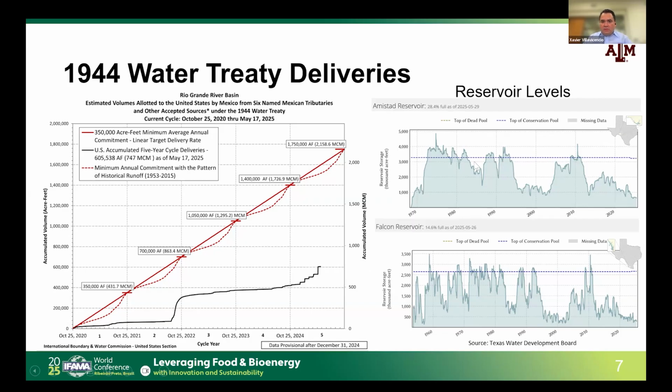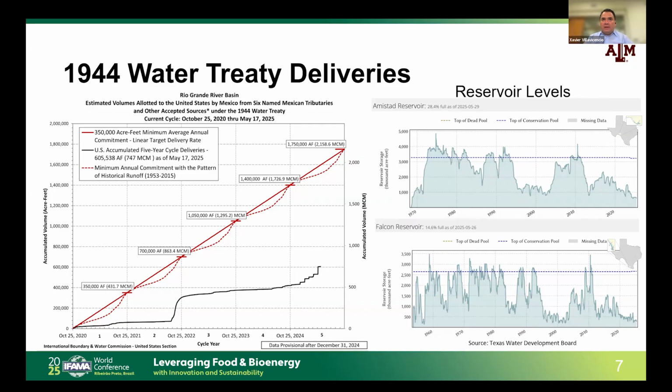As we can see in this graph, this is the level of water in the reservoir. Since the year 2000, the amount of water in the reservoir has been far below the conservation level of the dams. So this has put a lot of pressure on agriculture.